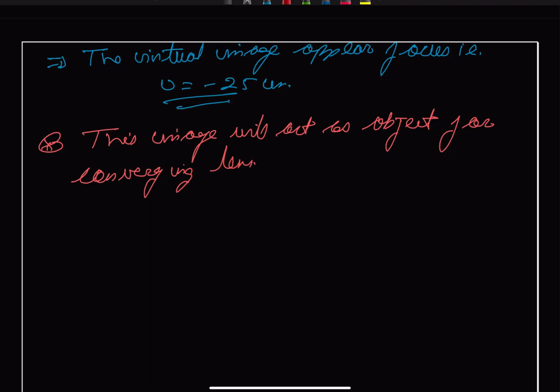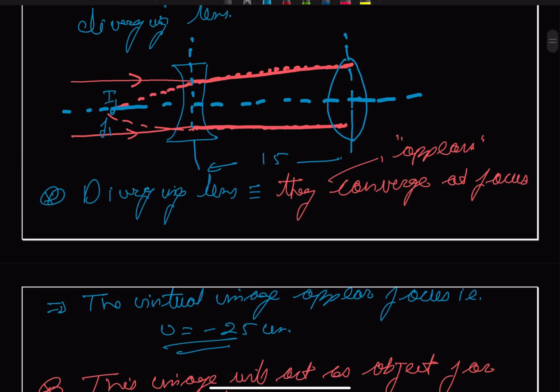Therefore, we can say the distance of the image I1, which is the object for the converging lens, from the lens is about 25.